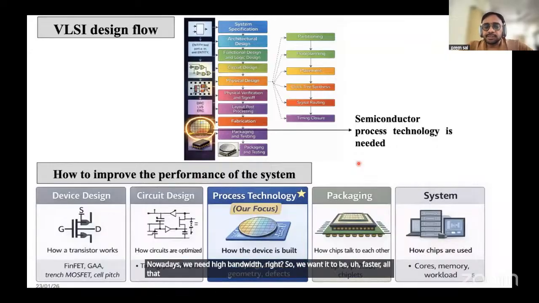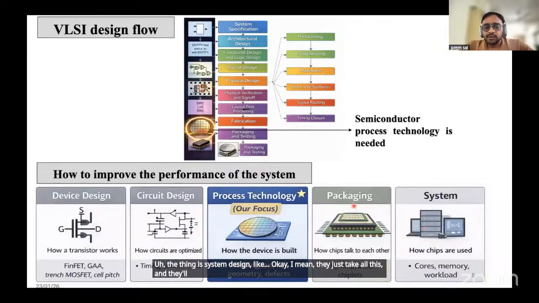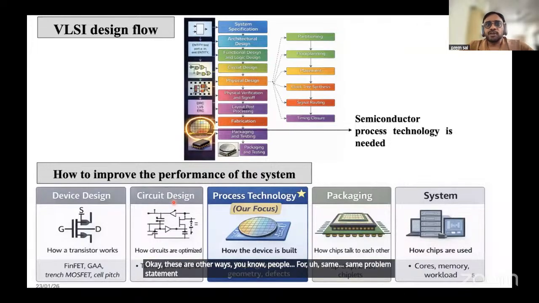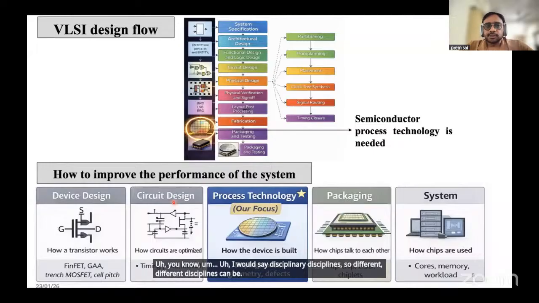The other thing is system design. They just take all this and arrange and see. These are other ways, for the same problem statement, you can approach from different disciplines. Sometimes even interdisciplinary people have to work.